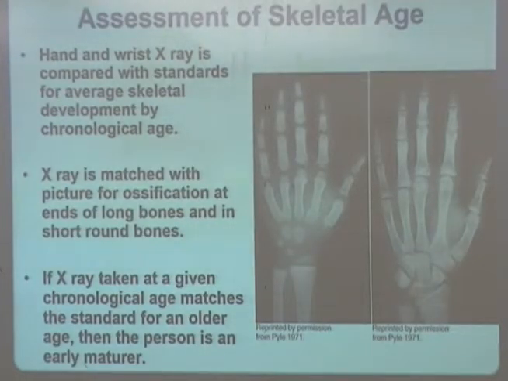So how can we look at it? How can we tell what's going on? X-rays are really great, and it's interesting when you look at X-rays of younger children, because they have a whole book of what different stages of bone development look like on an X-ray.